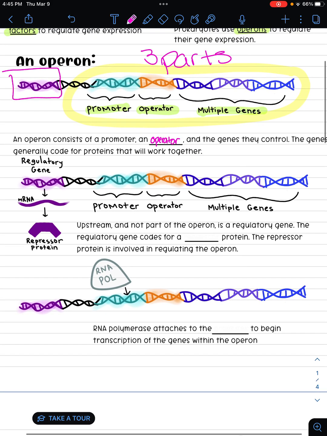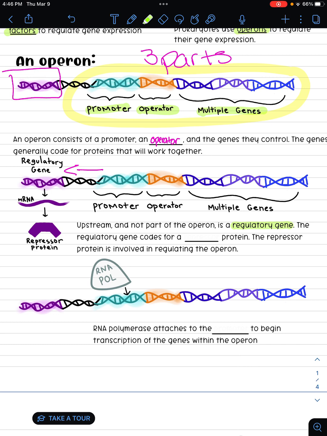So it says upstream, which just means before it, and not part of the operon, is a regulatory gene, which is very important. The regulatory gene codes for a blank protein. The repressor protein is involved in regulating the operon.